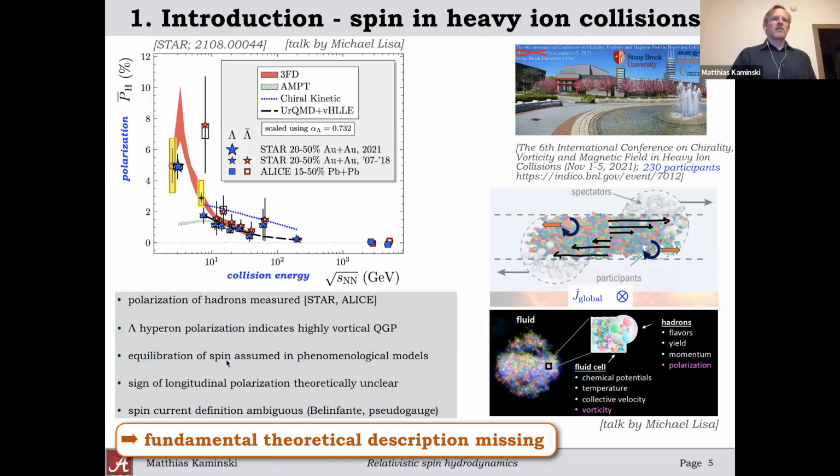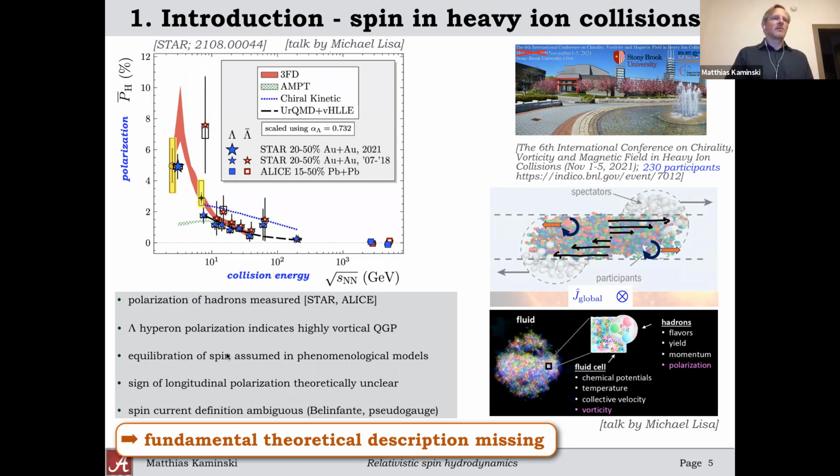The equilibration of spins is assumed to be perfect. So the idea is that spin is equilibrated in these situations, which is, well, debatable, but it's just the best I would argue that one is able to do at the moment.